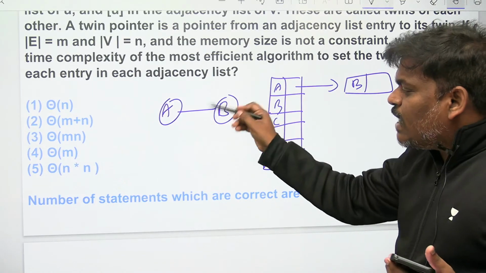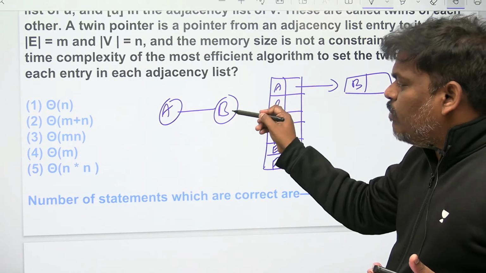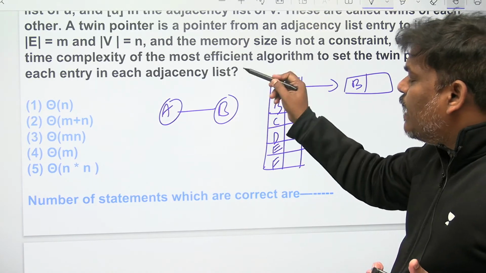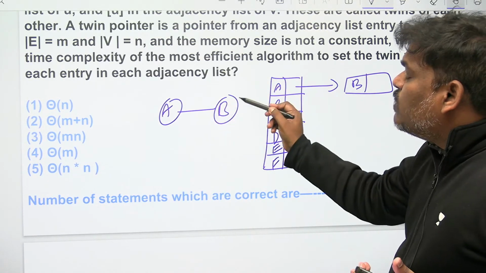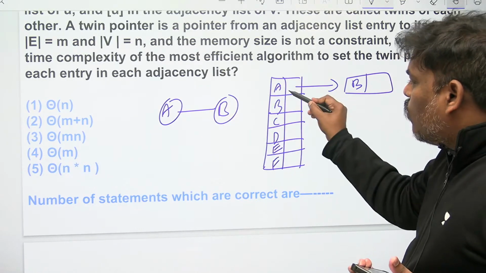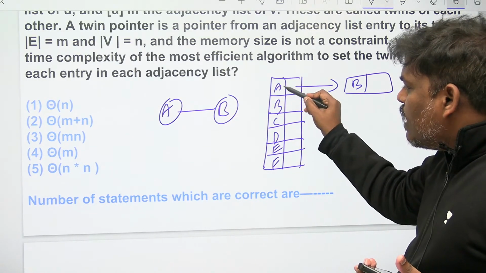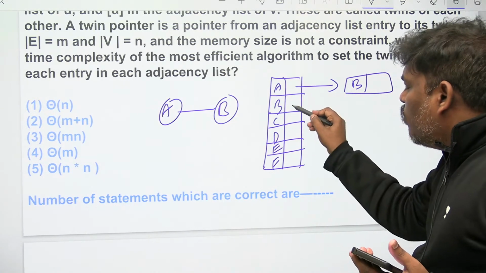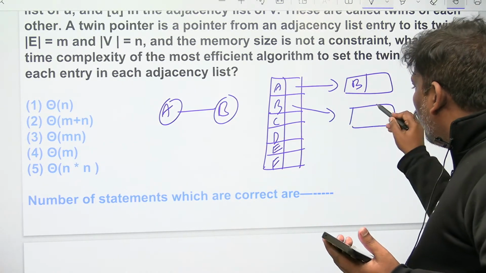Now whenever you design an undirected graph, A adjacent to B means B is adjacent to A also. So in A's list create one node for B, and in B's list create one node for A.